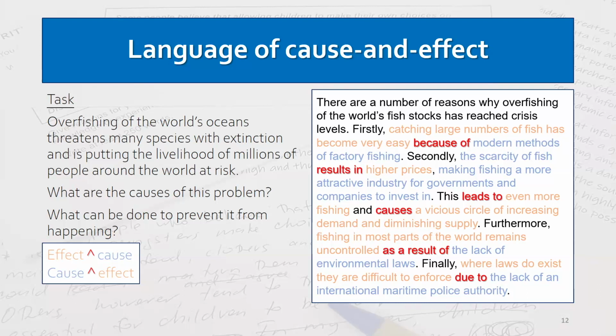But make sure that when you are using some of these words here, like because of, due to, result in or leads to, you use the noun phrase correctly, right? As you know, after some of these words, let me go back to the previous slide.